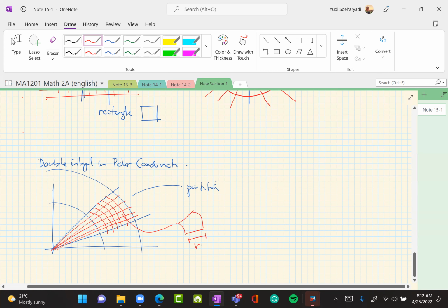This length is delta r, and the length of this arc is r delta theta.